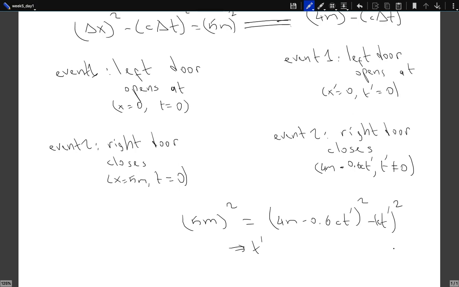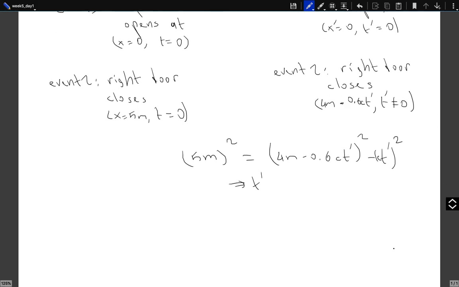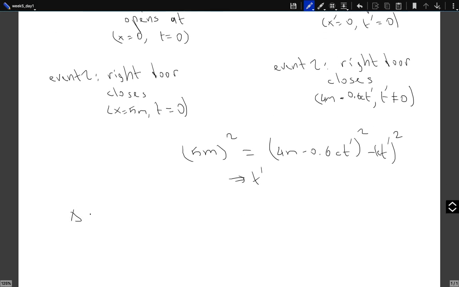An alternative would be just to use the Lorentz transformations. You will be just translating delta x equal to 5 meters and delta t equal to 0.